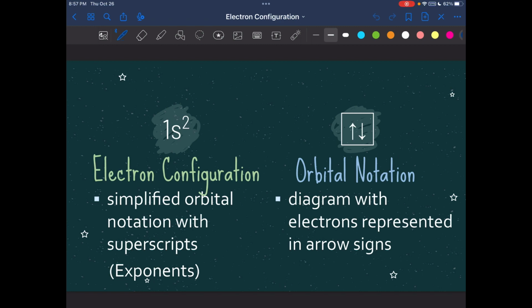First, we have electron configuration, which is a simplified orbital notation with superscripts. To be plain and simple, electron configuration is focusing on the word exponent. That's basically what we're focusing mostly on.